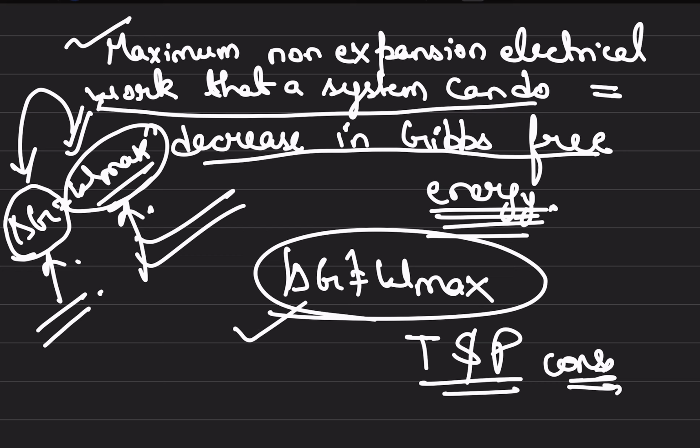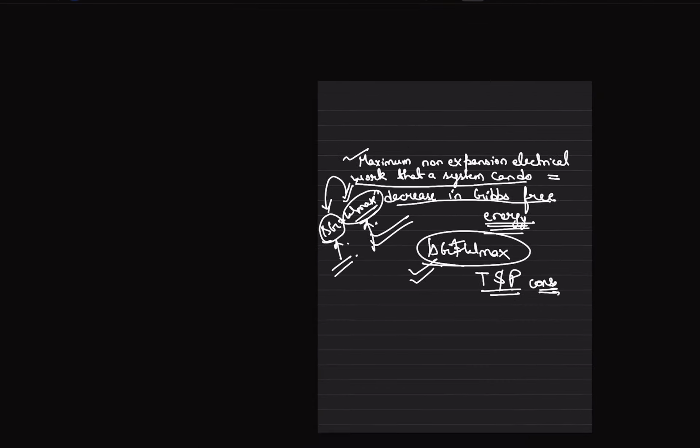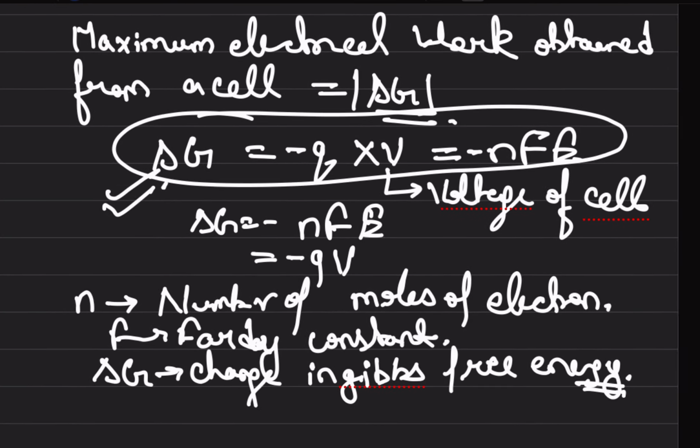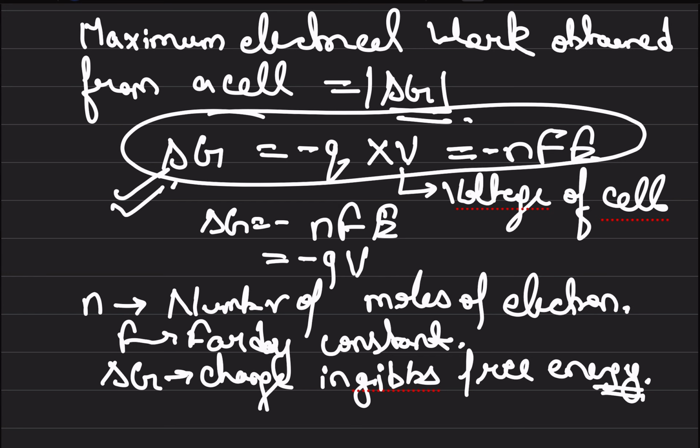Now this relation, as we saw previously, delta G is equal to W max. So the maximum electrical work which is obtained from a cell is equal to delta G, or W max. And how is delta G related with the voltage of a cell, where Q is the charge?